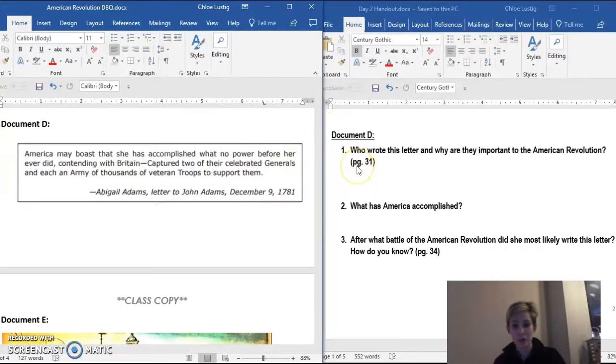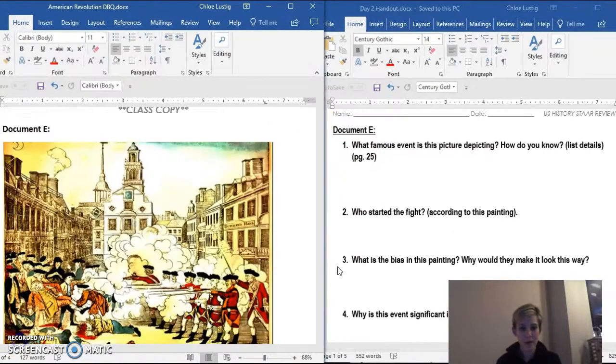I gave you clues for journal pages. Document E. Ooh, this looks familiar to me. So what do I see? I see 2 groups of people. I see some British redcoats with rifles and muskets and a lot of smoke, like gunpowder maybe. And I see a group of, looks like just colonists. I see a man with blood coming out of his head.